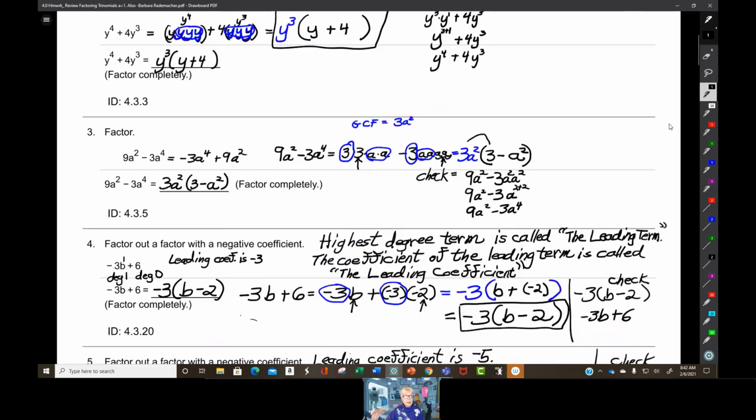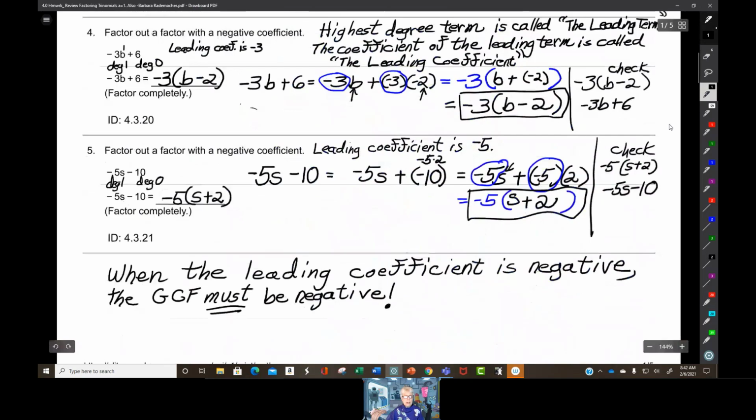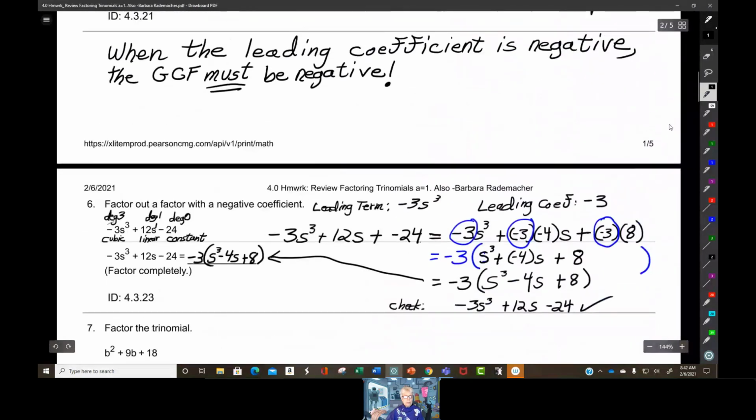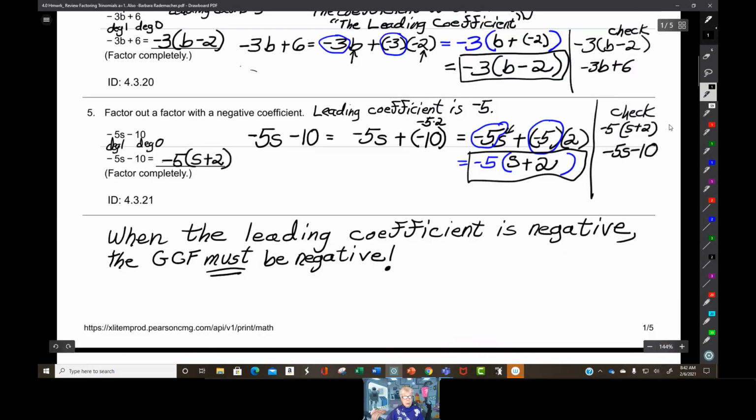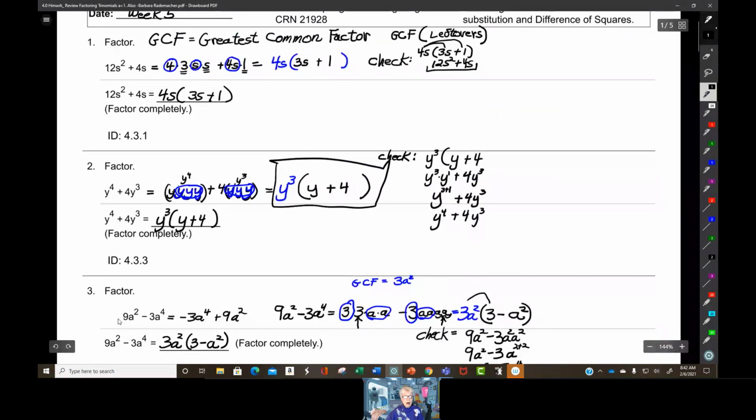All right, ladies and gentlemen, this has been Factoring by GCF. Problems 1 through 6 are GCF problems. And problems 1 through 3 are positive GCF problems. So I'm going to write that.